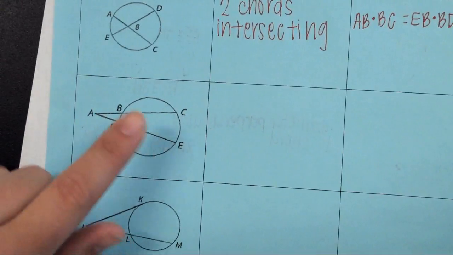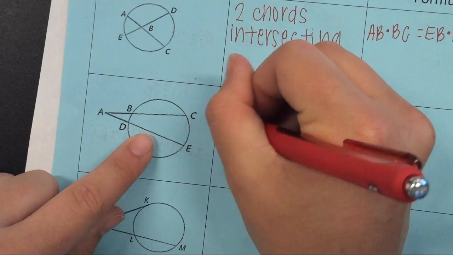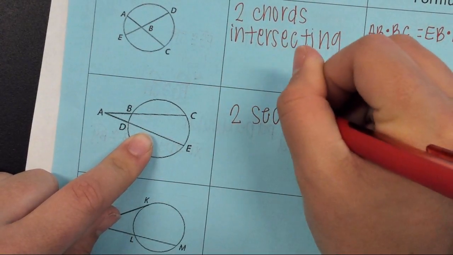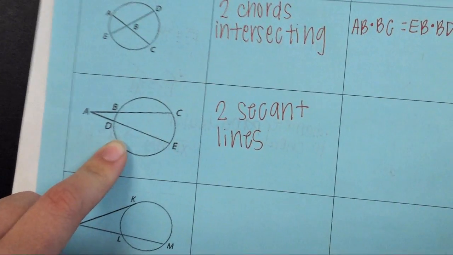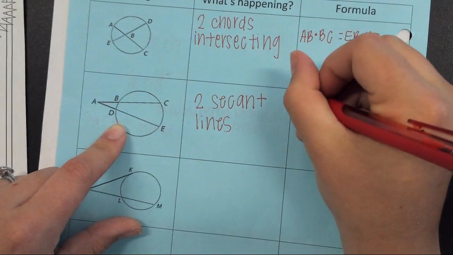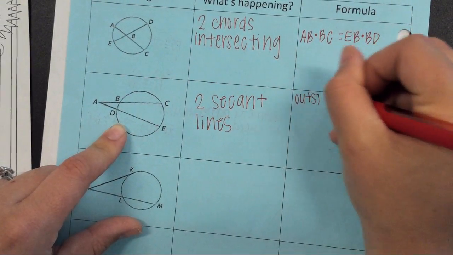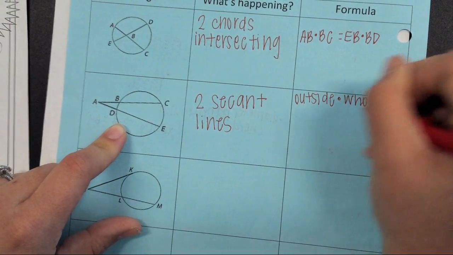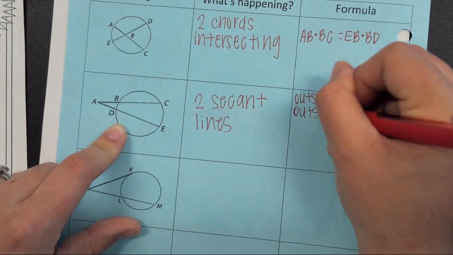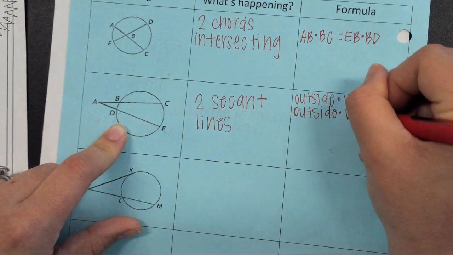Alright, so what's happening here? What two lines do we have? Two secant lines. So your formula in this one, let's write, just as a reference, outside times whole equals outside times whole.